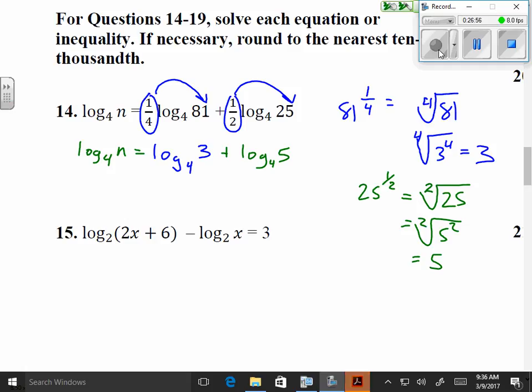Now if we have a double log, a log base 4 of 3 plus a log base 4 of 5, then we can make it a single log by multiplying the 3 and the 5. Now we have log base 4 of something equal to log base 4 of something. The logs cancel, the somethings are equal to each other, and I don't even have to do any algebra.